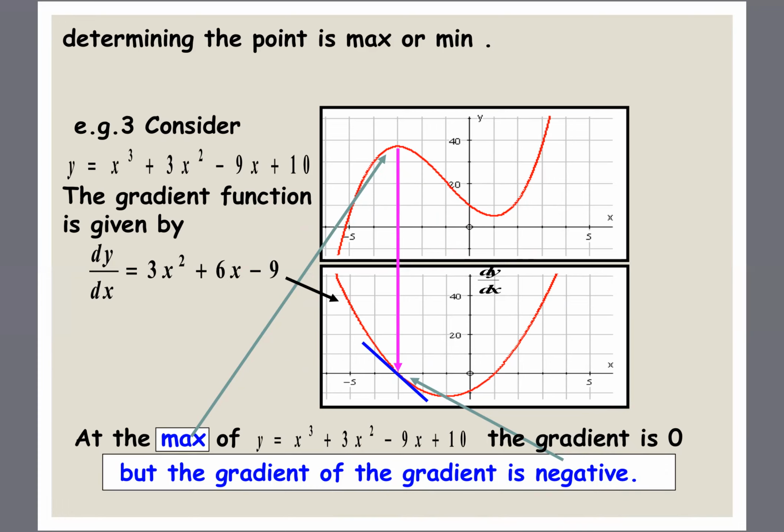The first graph is the drawing of the function, and the second graph is showing the gradient function of the given function, right? Because this is the gradient function of the given function, I have written dy by dx on my y-axis. Y-axis means dy by dx, that means the gradient.